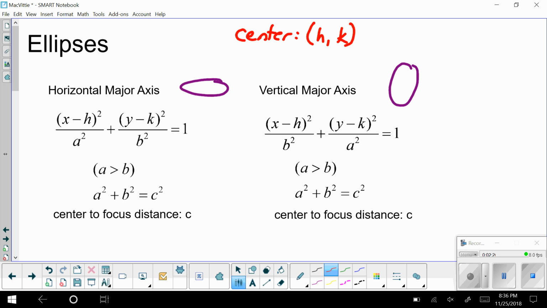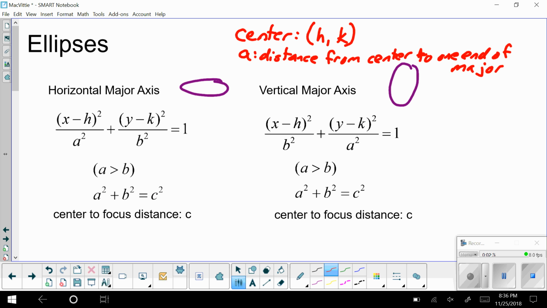But then A refers to the distance from the center to one end of the major axis. And then B is going to be the distance from the center to one end of the minor axis.